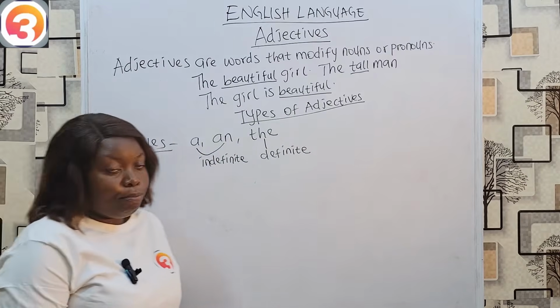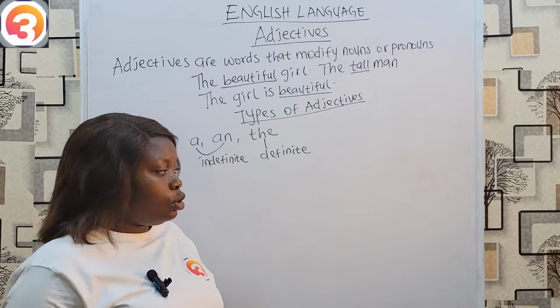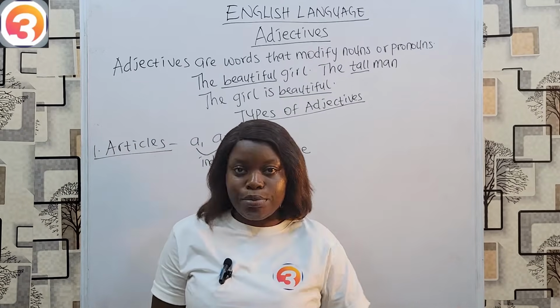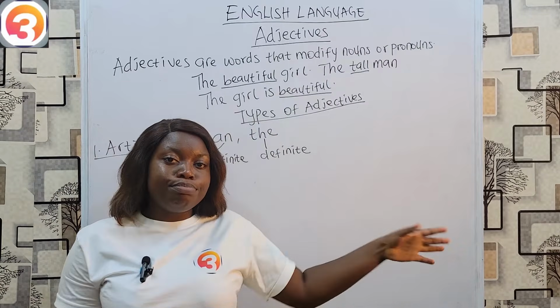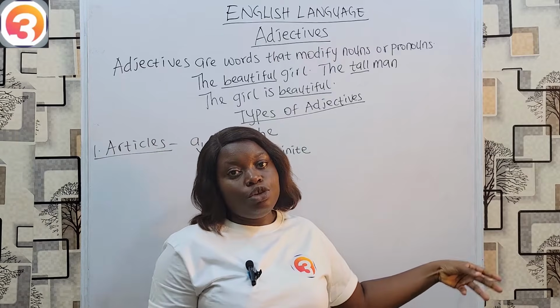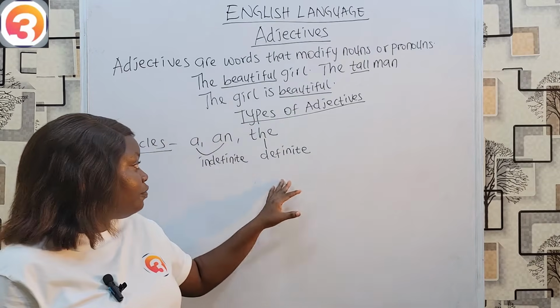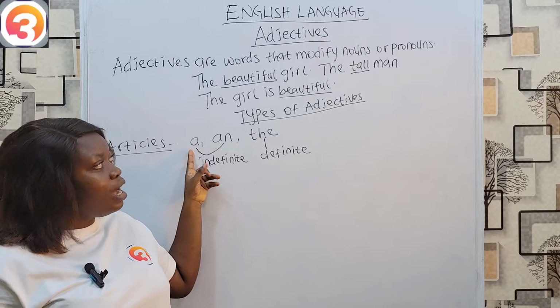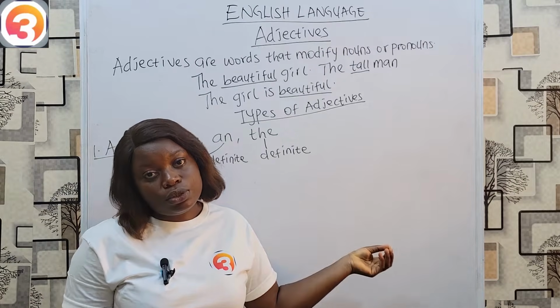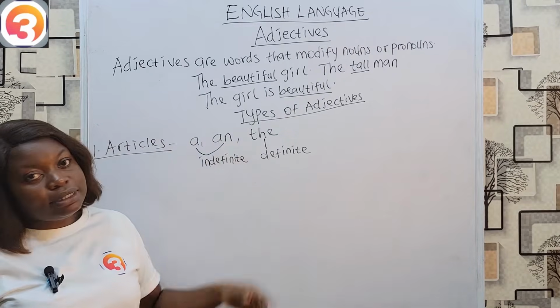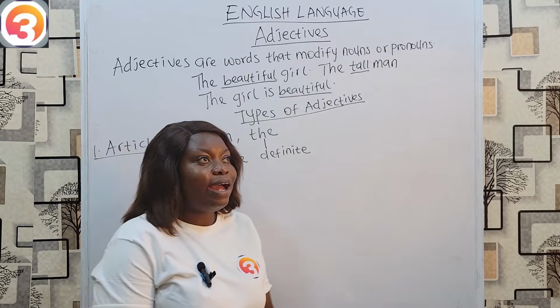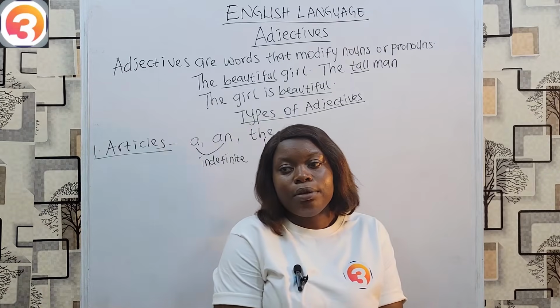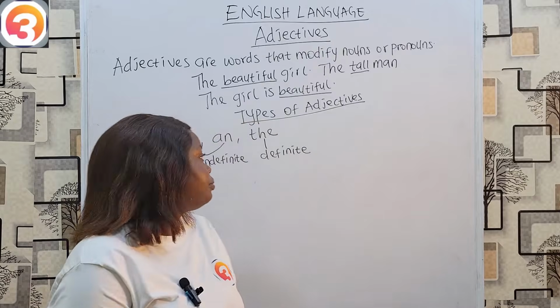So when you say bring a book or give me a book, you're not talking about a specific book. It could be any book there. But when you say give me the book, there is a specific book that you want. The is definite. So A is for nouns that begin with consonants, while an is for nouns that begin with vowel sounds. For example, an orange, an umbrella, but a book, a pen.